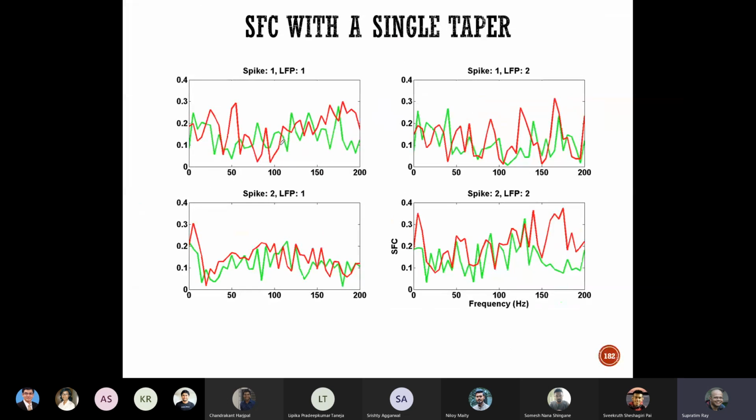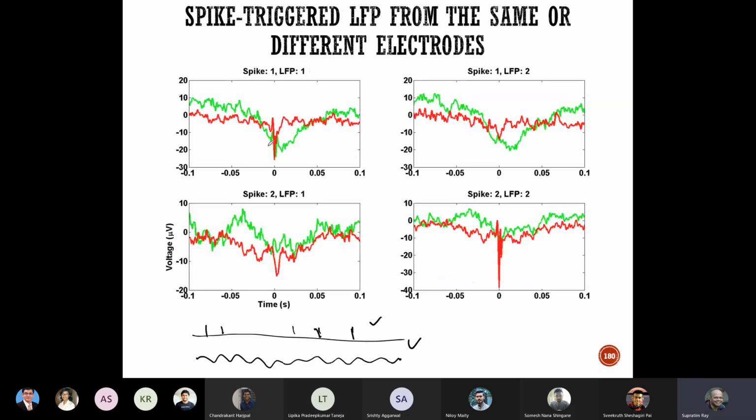But one thing that you can see is that when you have spikes and LFP from the same electrode, it tends to increase as frequency goes up, that you see here. And when you look at it from a neighboring electrode, it sort of falls down. It's not really happening here very well. But in general, this increase is because of this guy here.